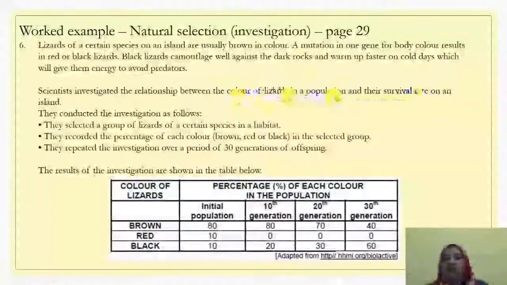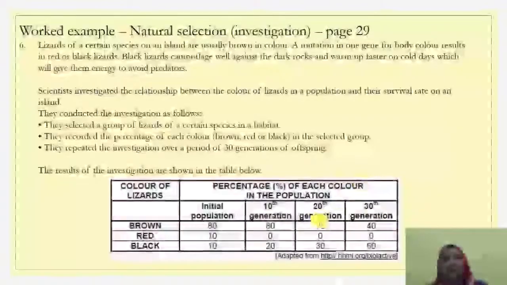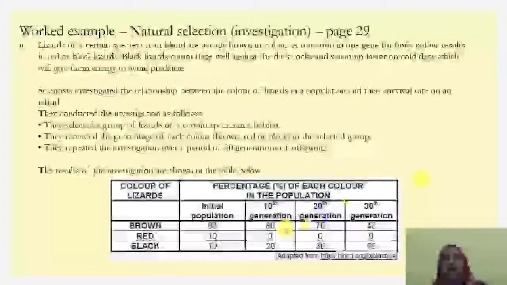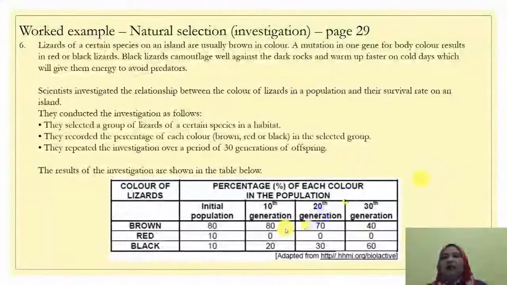Now, a lot of the time we were taught that independent variable is in the first column and dependent variable is in the second column. Do you see that there is nowhere here that it says survival rate? That is why it is important for you to look at the aim of the investigation. If they give you an aim, the independent and dependent variable is inside of the aim.